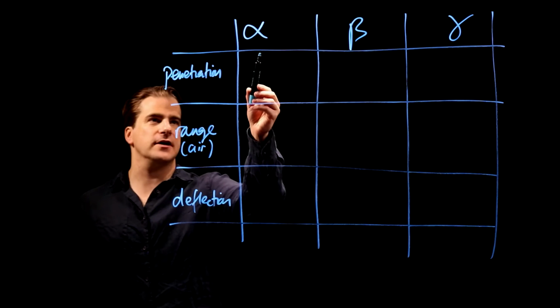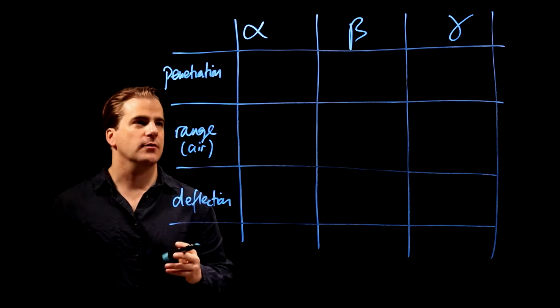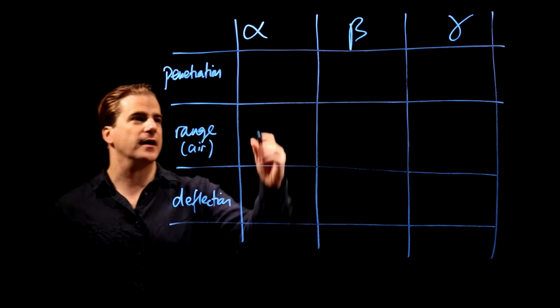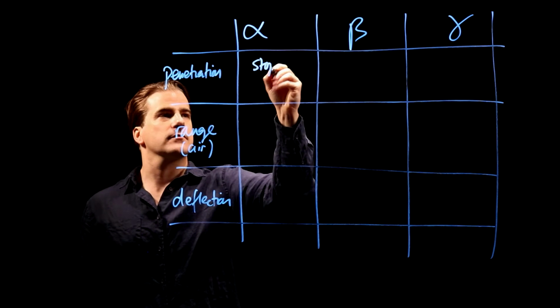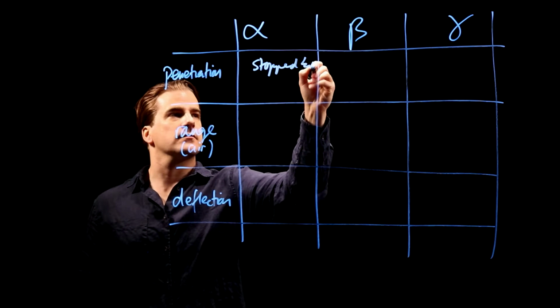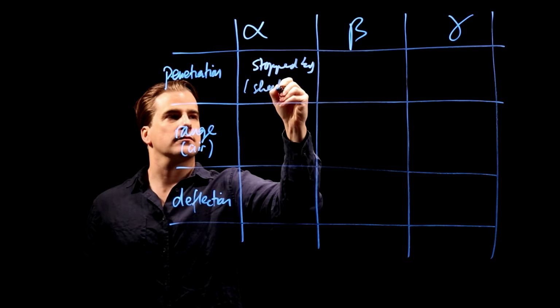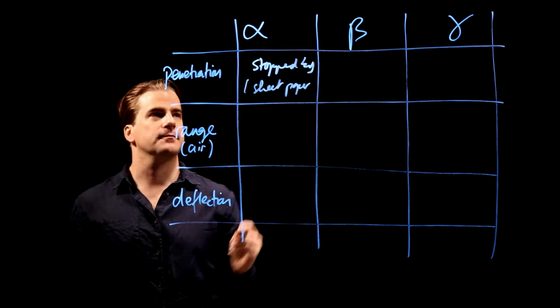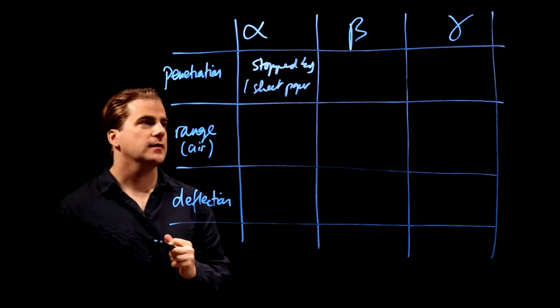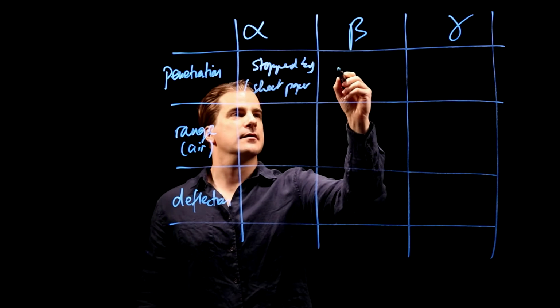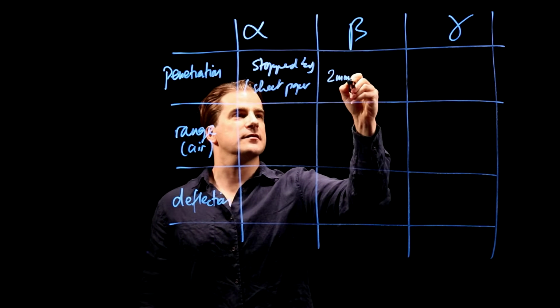Okay, what's the penetration of alpha particles? Well, they're stopped by about one sheet of paper. Right? Beta particles, they are stopped by about 2 millimeters of aluminium.